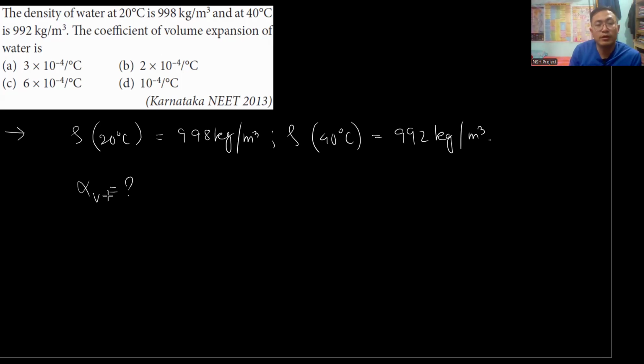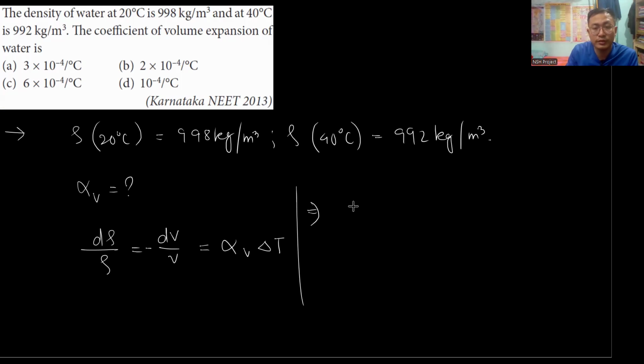We have d rho by rho is equal to dV by V, which is equal to alpha V into delta T. Here d rho is 992 minus 998, divided by the original 998. So d rho by rho is equal to alpha V into delta T, where delta T is 40 minus 20.